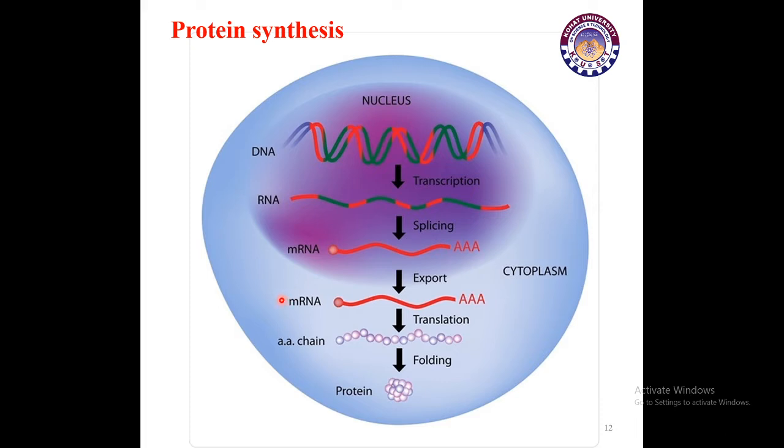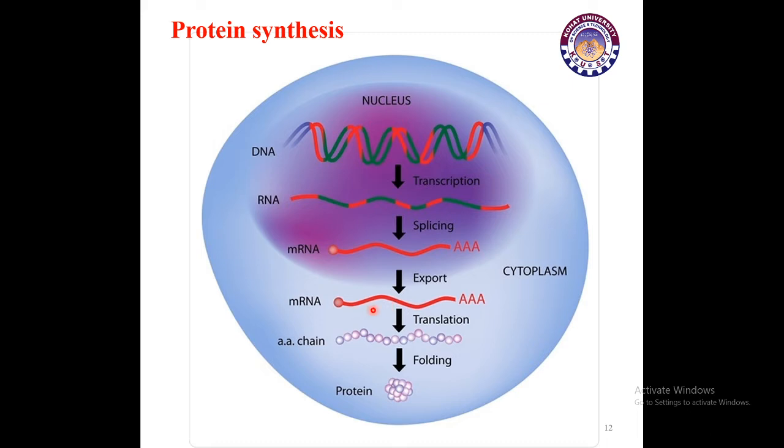Then the synthesis of the polypeptide chain begins. This step involves the alignment of transfer RNA molecules. Each transfer RNA molecule carries a unique amino acid, determined by the sequence of the transfer RNA, which is aligned along the messenger RNA.